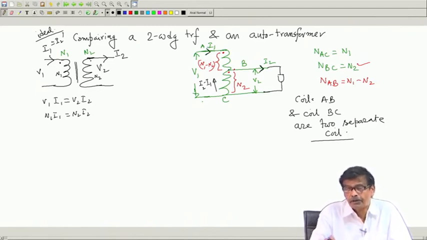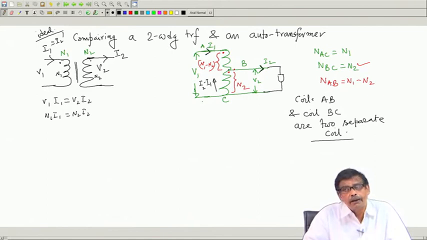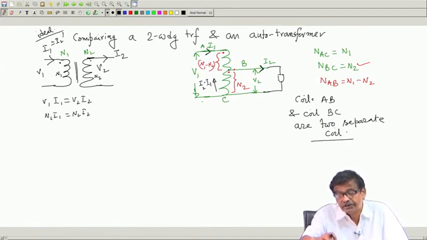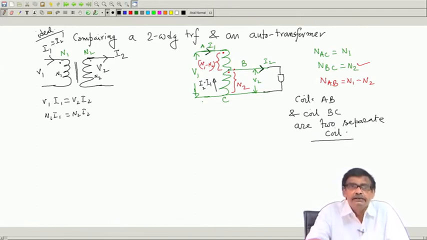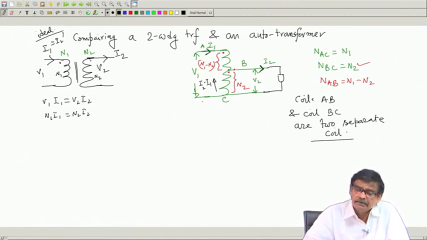In this transformer also, the moment you have applied a certain voltage V1 at a certain frequency f across the turns N AC, the flux level gets fixed in the core. KVL is to be satisfied here, the same arguments.